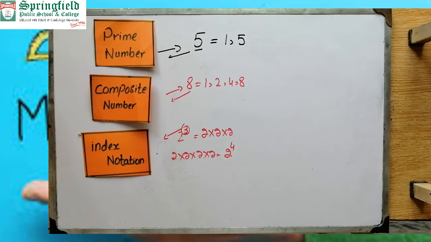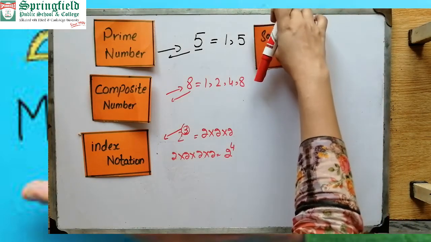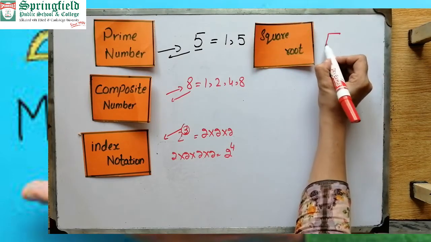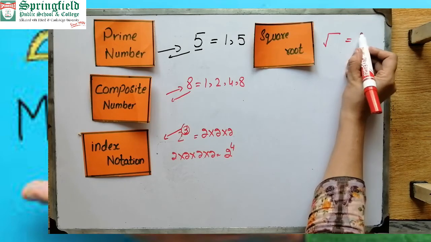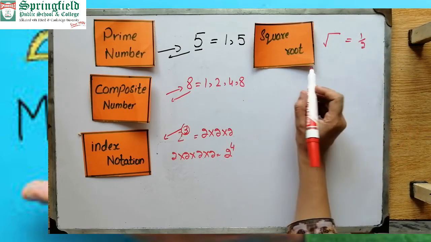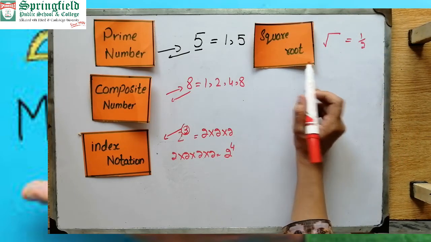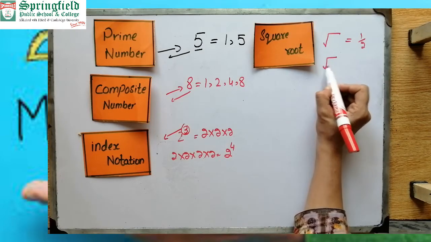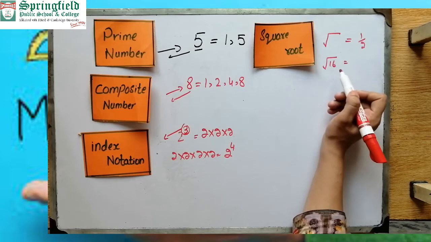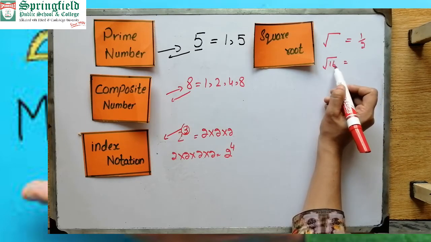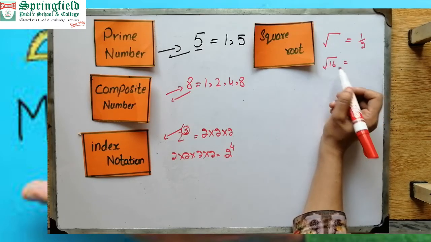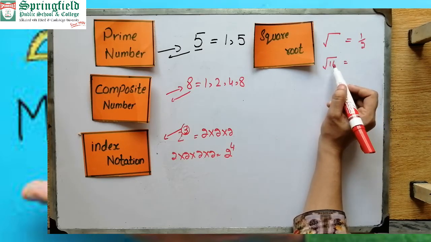Fine. And we also learned about the square root. This is the symbol of square root and its value is 1 by 2, and we can find the square root of any number by using the prime factorization method. Let a number be 16. What will be the square root of 16? First we find the factors of 16 and then make pairs, because we are talking about the square root.